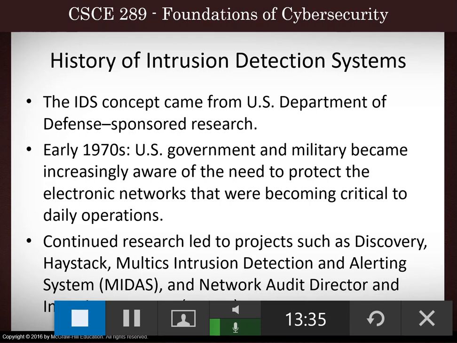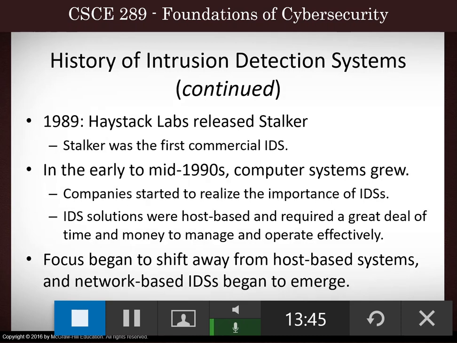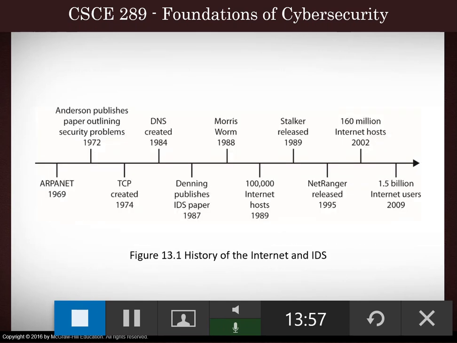You don't need to know the history, but I left it in here. Early 1970s, it's in your book too. It came from the government, of course, as part of security. I know for you guys it's probably like the dinosaur age, but people who have worked on this for a while always like to go back through the history. So these are the slides if you want to go back through it.